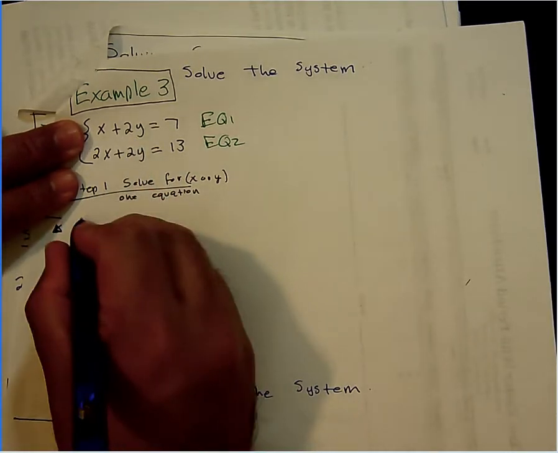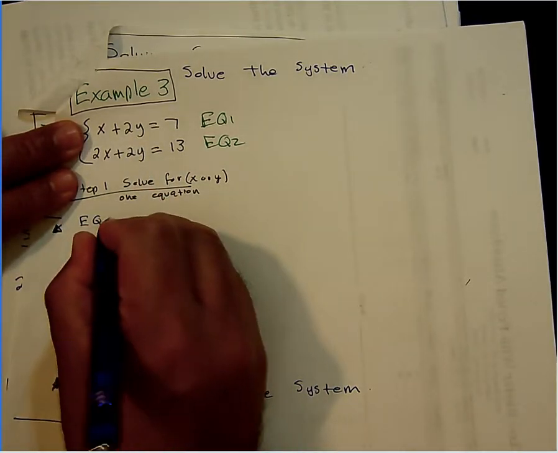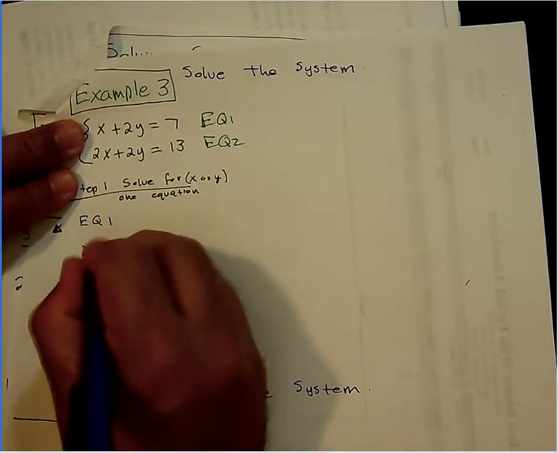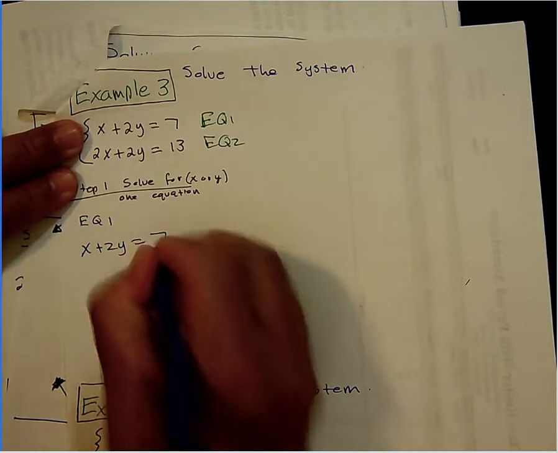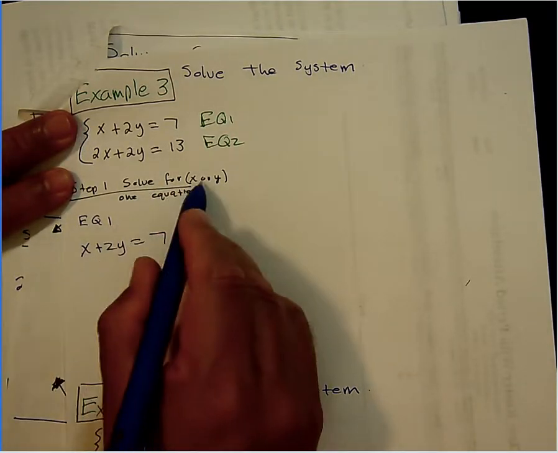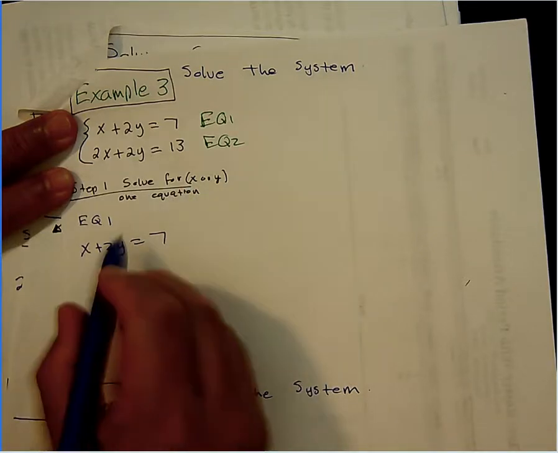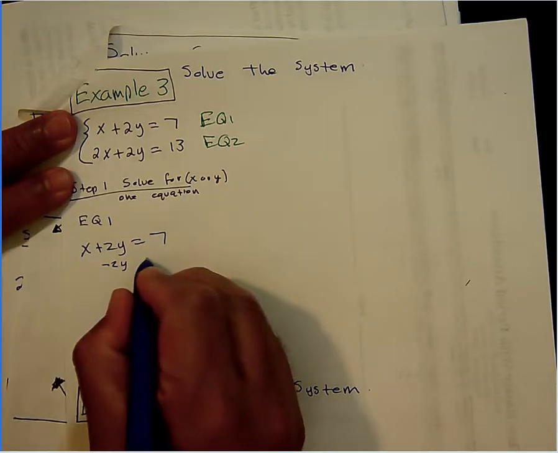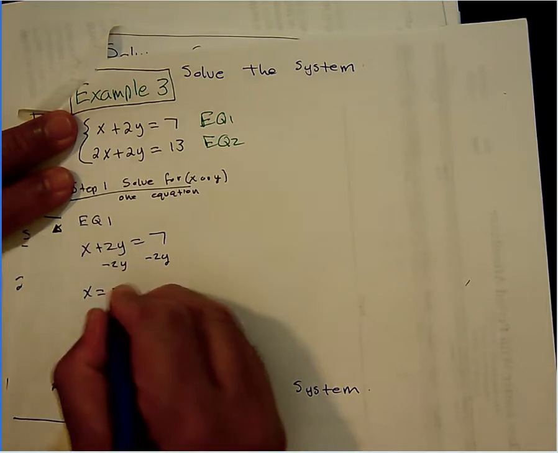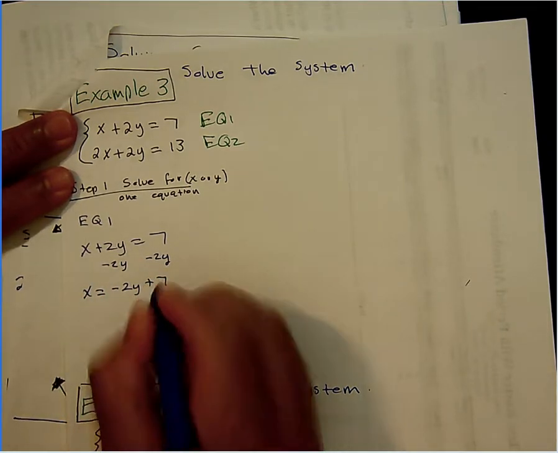Using equation 1, I'm going to solve for x, since it's already by itself. So x equals -2y plus 7.